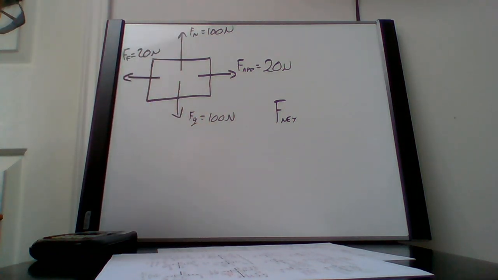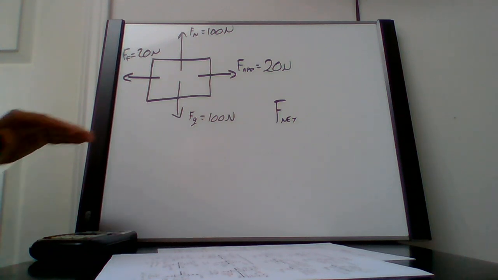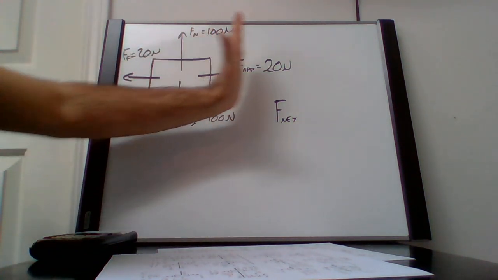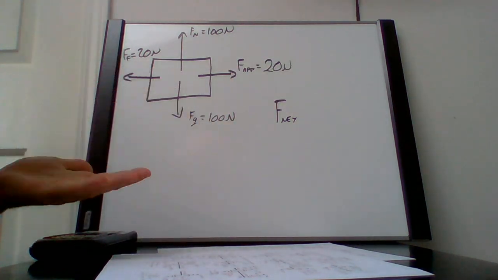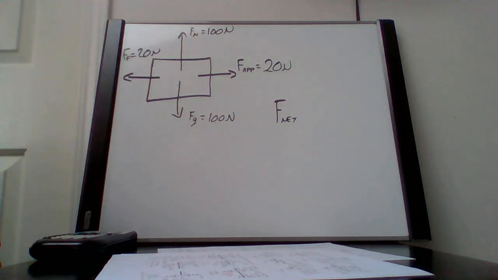They're in opposite directions. So one would be positive, one would be negative, and they just cancel each other out. Same as when I'm looking at my applied force going in this direction at 20 newtons, and my force of friction is pulling it back at 20 newtons, it's not moving.